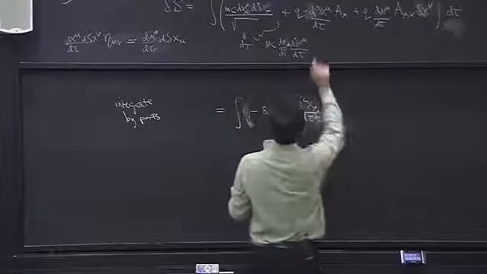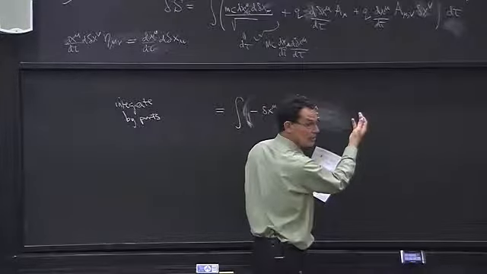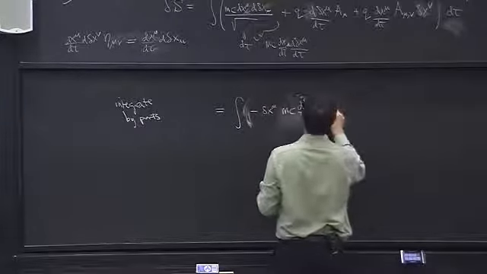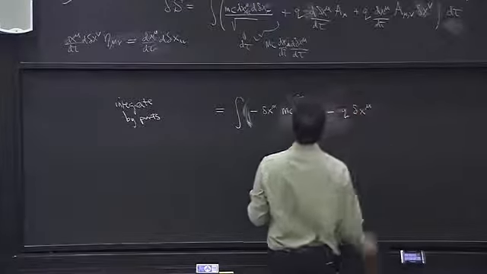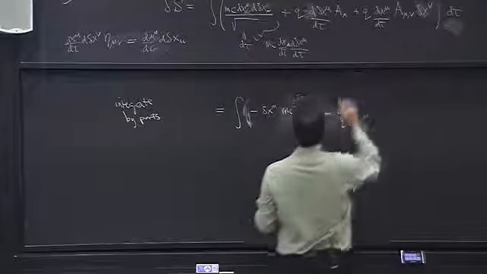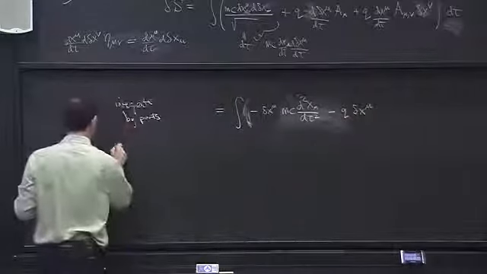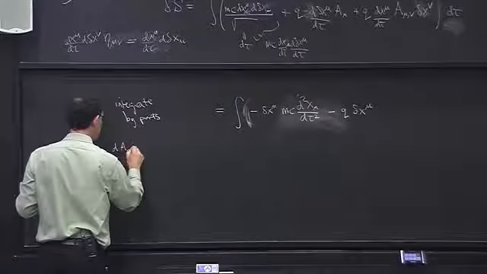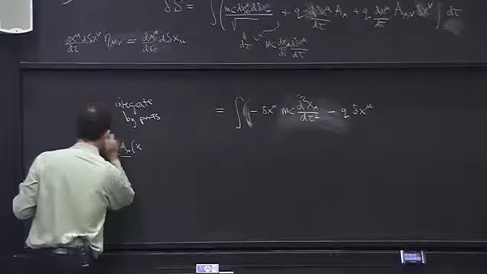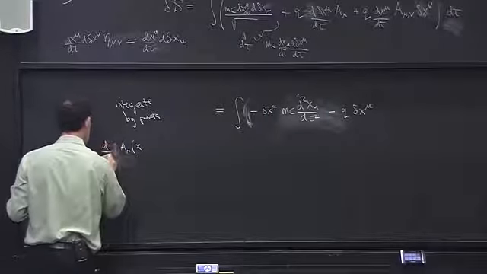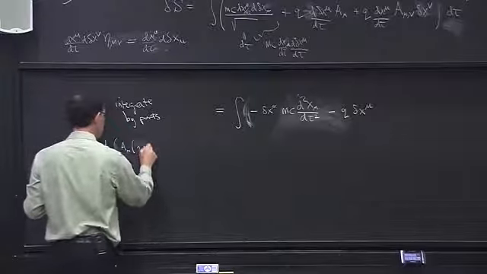And then the second term, I've also got to integrate by parts. So now I get minus q delta x^μ, right? And then what is dA_μ by d tau? Remember A_μ depends on x. So let's write it this way. d by d tau of A_μ of x.